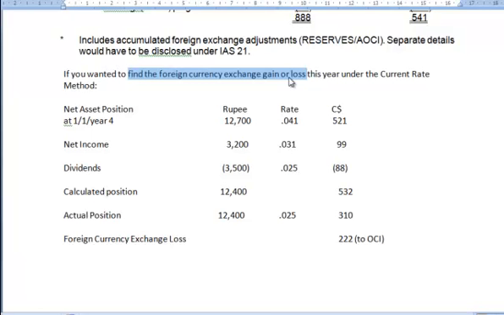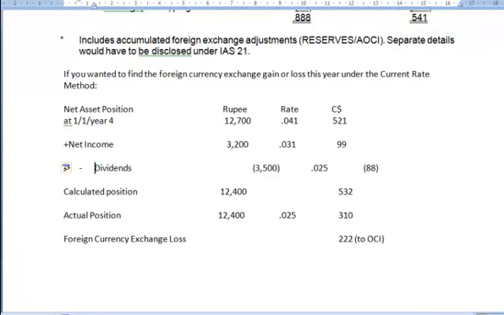So we're going to look at anything that gave rise to the change in shareholders' equity. Because there were no new shares issued, that depends on what our income was and what our dividends were. So our equity position was changed as a result of net income earned and dividends.